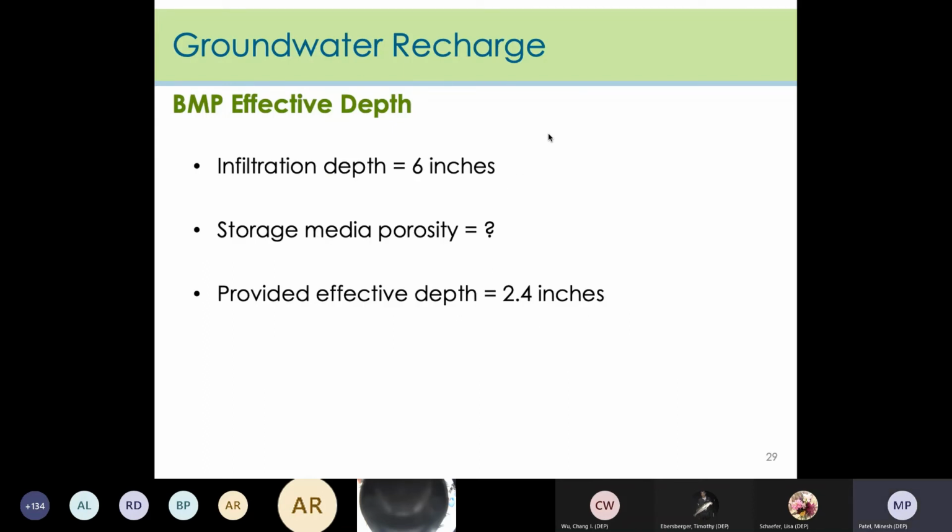So when you get into whether they provide the correct effective depth, we are assuming they are using a 0.4, so 6 inches times 0.4 will get you 2.4. So it's allowable. Sometimes we prefer a justification or it being written out, but 0.4 is sometimes what we only see, actually.